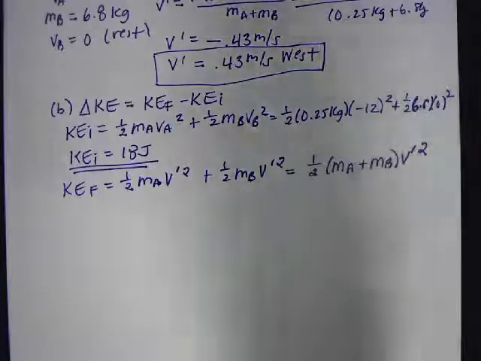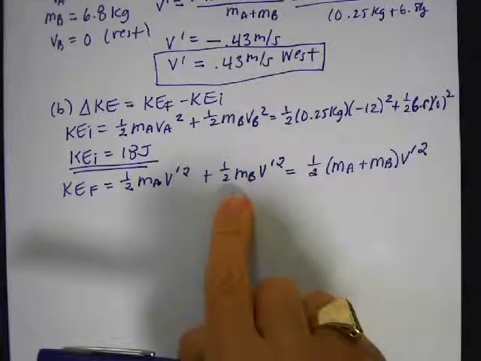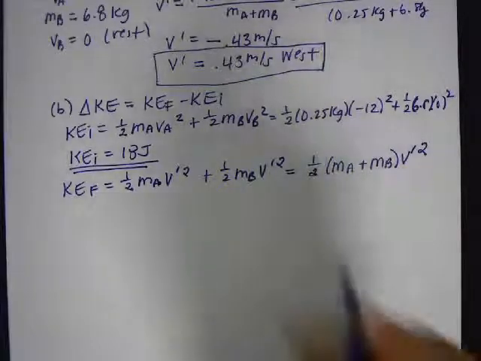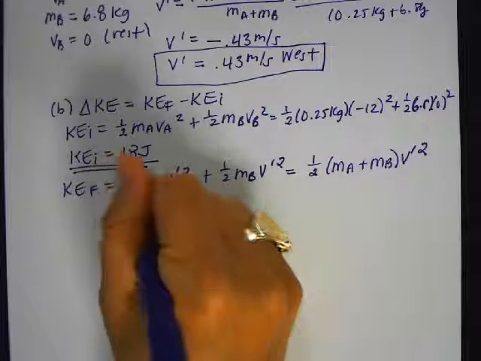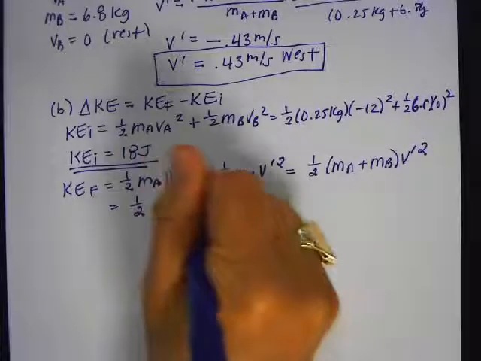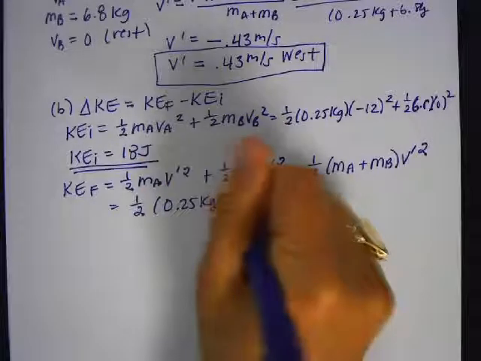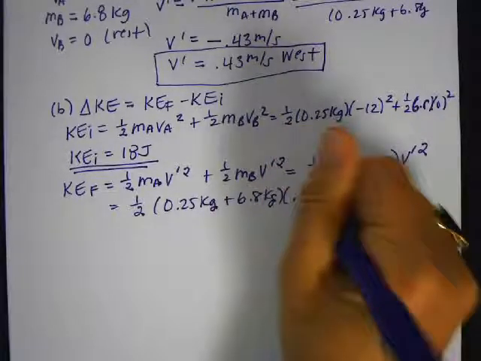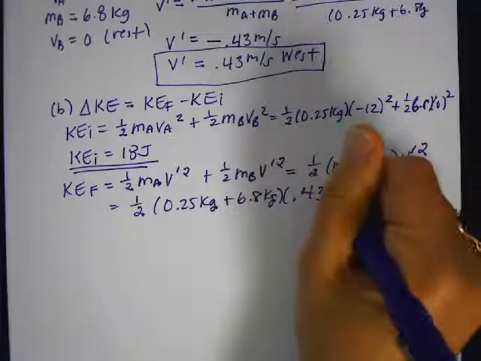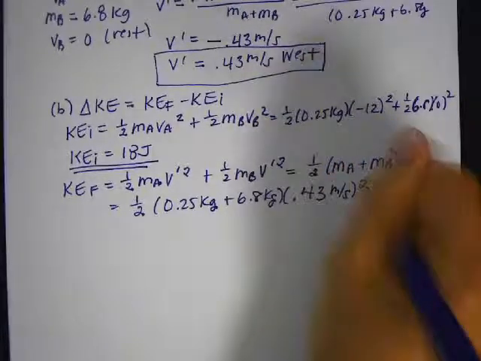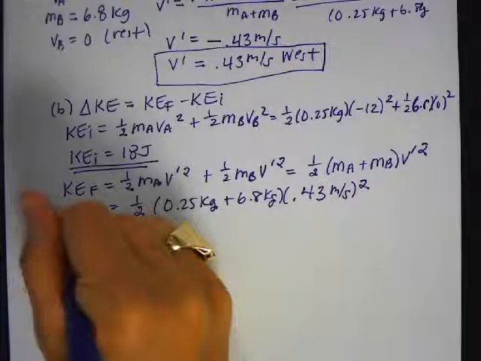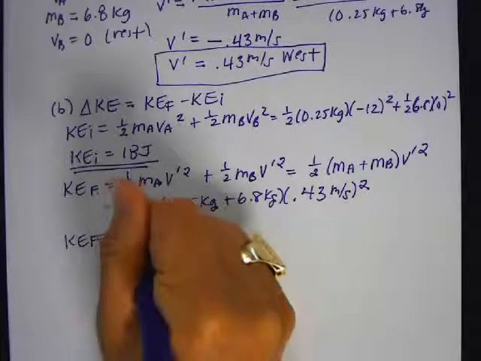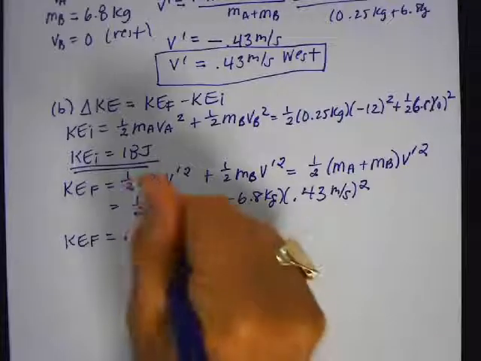If you do it separate, that's fine. If you know it's a combined mass, you do it like this, you're going to get the same answer. So when I substitute in my values, 1/2, 0.25 kilograms plus 6.8 kilograms times 0.43 meters per second squared, my final kinetic energy comes out to be 0.65 joules.